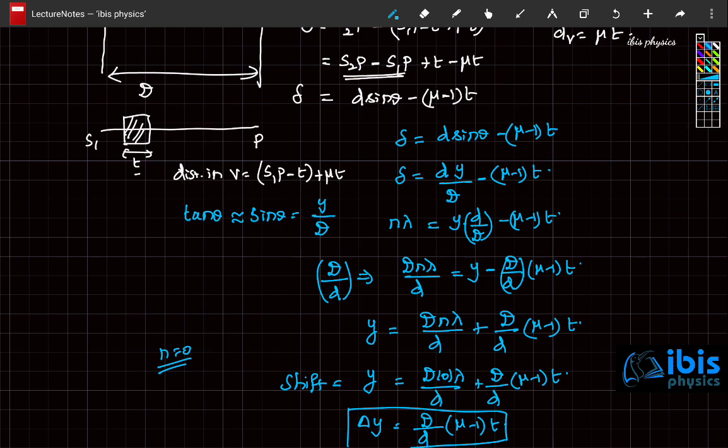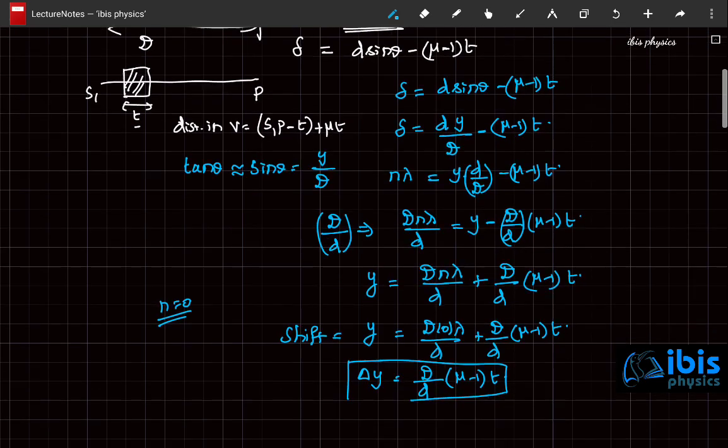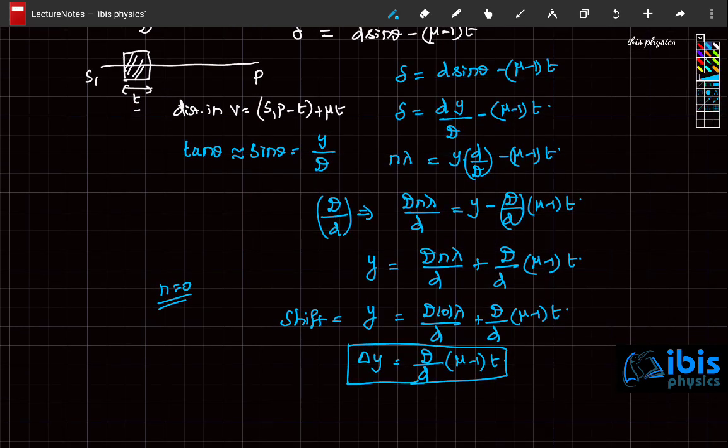This is a very useful relation, but at the same time you can also express this in terms of the fringe width. You know that fringe width is equal to lambda D by d. So D by d is there, only lambda missing, so multiply and divide by lambda here. So shift in the central maximum is D by d, I'm just multiplying and dividing by lambda, into mu minus 1 into t.